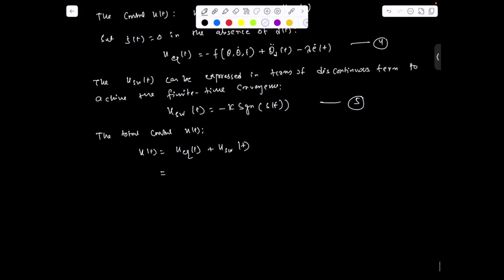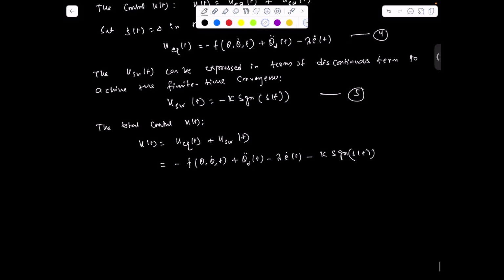Already we have this expression, we can write minus f theta dot t plus theta dz double dot t minus lambda e dot t. And in place of U switching control, we can write minus K sgn S of T. This is the overall control for equation 1.